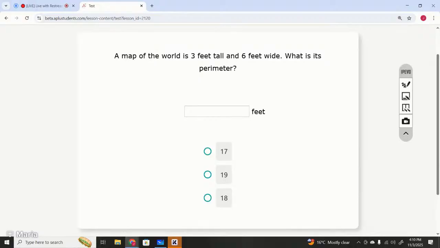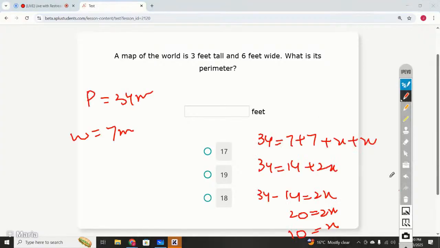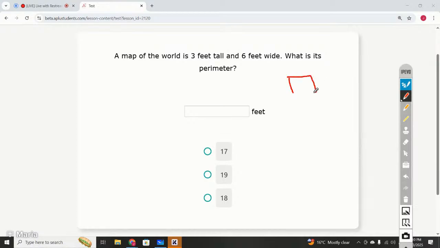A map of the world is 3 feet tall and 6 feet wide. What is its perimeter? We need to find the perimeter. We are given that it is 3 feet tall and 6 feet wide. So that is a rectangular shape. So the other side has exactly the same length. We need to calculate the perimeter. 6 plus 6 plus 3 plus 3.